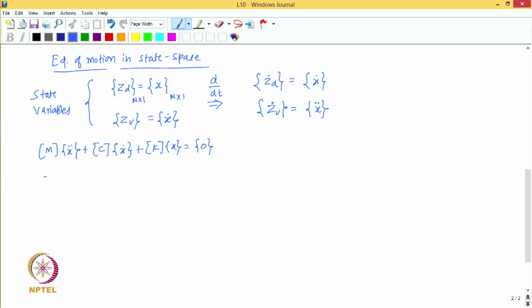So, now we replace these vectors in this equation using the state variables. In place of x double dot I can write z_v dot, in place of x dot I can write z_v, and in place of x I can write z_d.